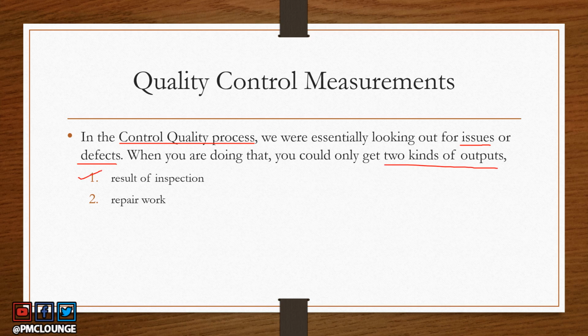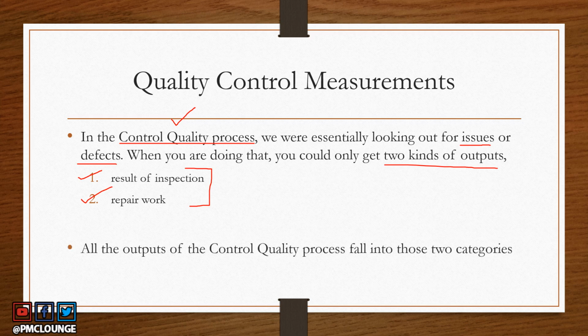One is that you'll get a result after you're done with your inspection, looking out for issues, defects, bugs, and second is you'll get some repair work. If you find a defect, you're going to repair it, right? So these are the only two kinds of outputs you can expect out of the control quality process. All the outputs of the control quality process fall into these two categories, which is what I just talked about.